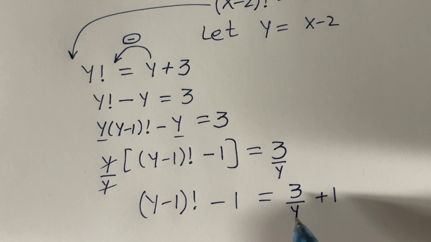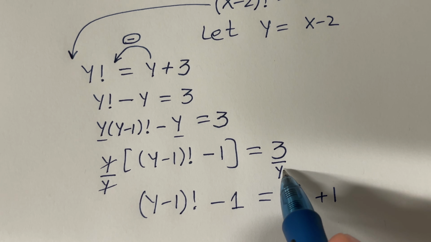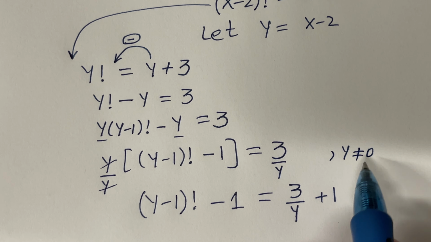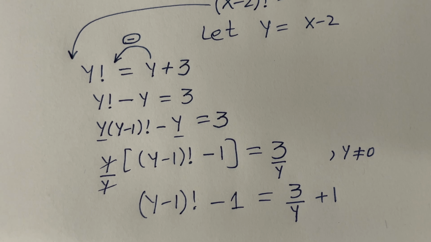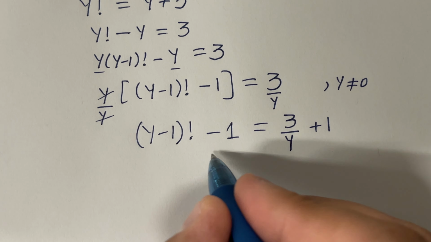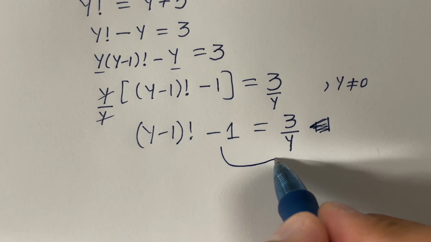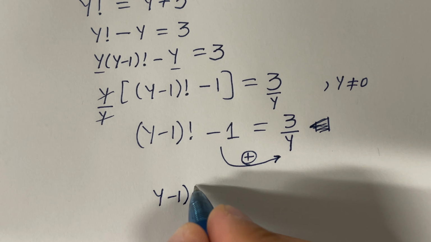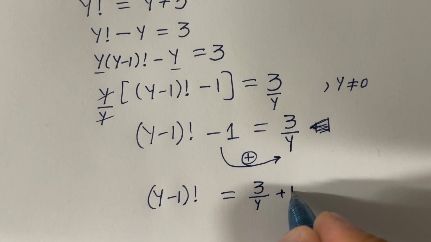And you can confirm that y is not equal to 0, because y was x minus 2, and you will have a problem if you look at the given equation. Anyways, you can check that. Sorry, there is no plus 1 there. And now finally let me move this 1 to the other side, then we will have (y minus 1) factorial equal to 3 divided by y plus 1.